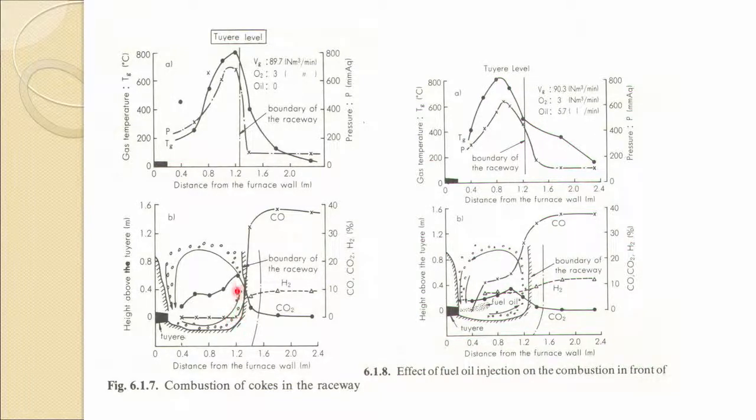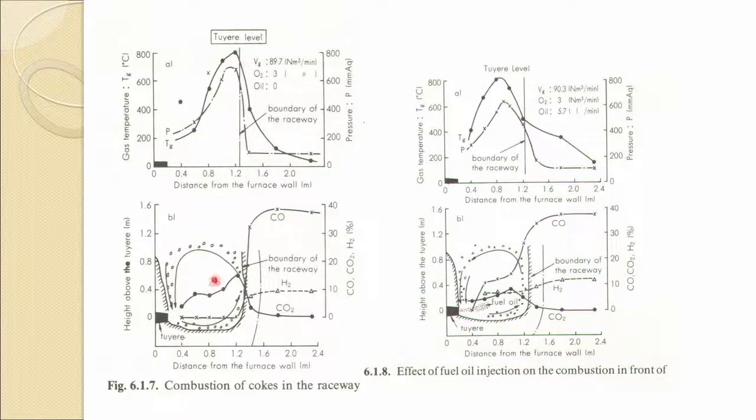As soon as it reaches near the raceway boundary, more carbon is available. So, CO2 reacts with more carbon, forms CO, and suddenly CO shoots up, and inside the raceway CO2 is forming, and as it reaches near the boundary, CO2 decreases drastically and reaches almost 0.